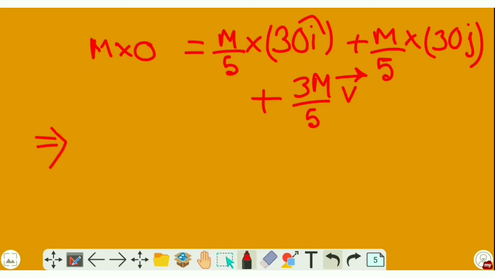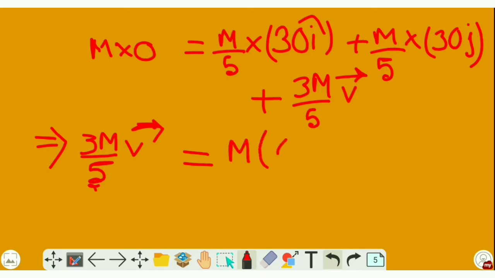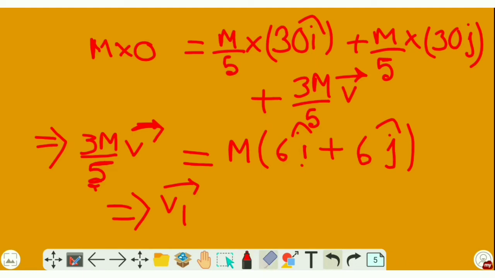So 3M by 5 v vector is equal to M into 6 i cap plus 6 j cap. Okay, so v vector is 10 i cap plus j cap.